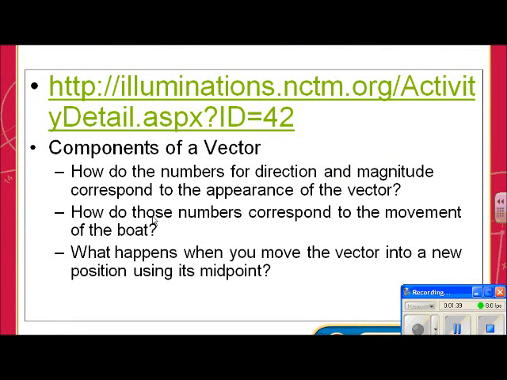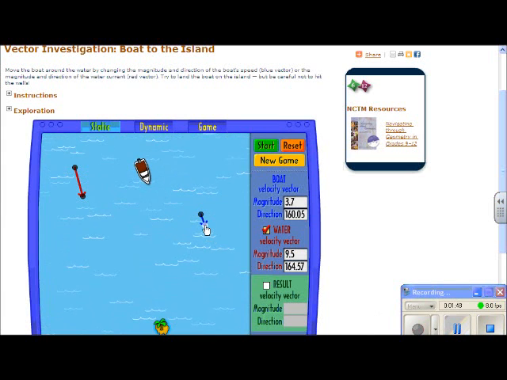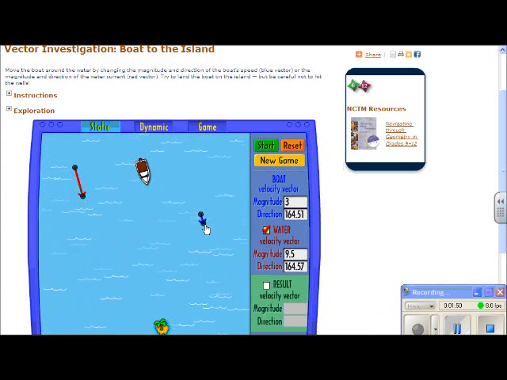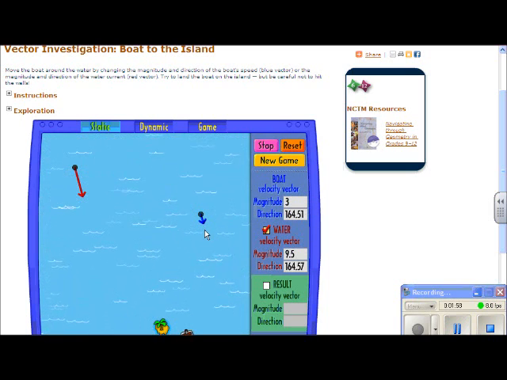So the second question is, how do those numbers correspond to the movement of the boat? I'm going to shorten the boat vector, where its magnitude is only a 3, and its direction is 164.51. So when I hit start, that causes the boat to move in the exact same direction that the vector is pointing.